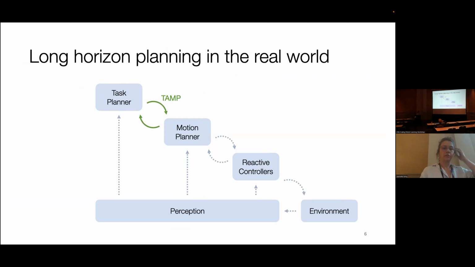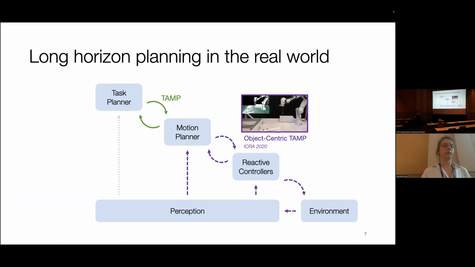Okay, so basically what I'm going to talk about is, once we have task and motion planning, we really want to connect it to the real world, and I'm going to talk a little bit about this work on object-centric TAMP, not too deeply, but just to give you an idea of what we can do with this particular work. So again, the focus here is to apply task and motion planning in the real world that is dynamic as well.